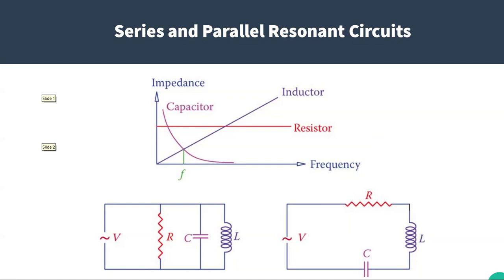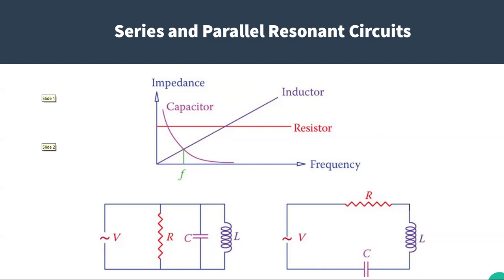At 0 hertz, it's going to have a very high impedance because it's not going to pass a DC current. As the frequency goes up, the reactance of the capacitor decreases. At the point on the diagram where they cross is the resonant frequency. So they cancel out, and all you have is that resistance line, the red one, in the circuit.